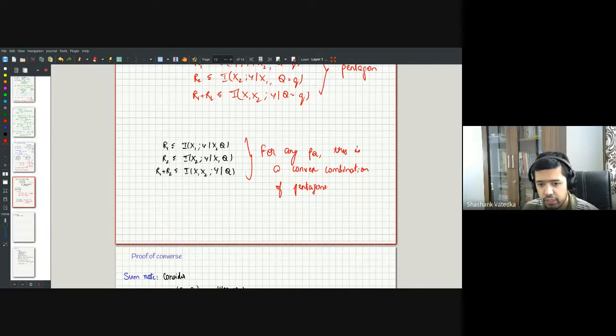And for every PQ, this rate region is basically just a convex combination of pentagons, and therefore the two rate regions, one described over here and one described in the achievability part, are essentially equivalent. So they're two equivalent descriptions of the same region. All right. Any questions?